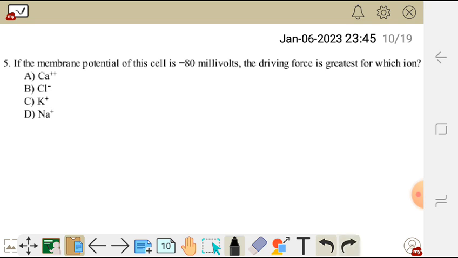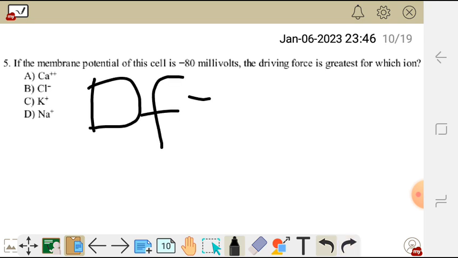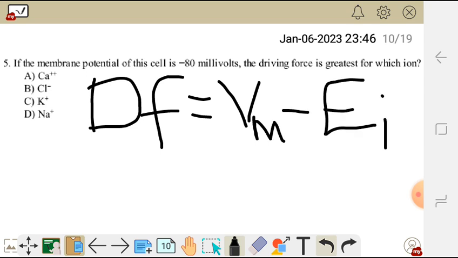To find the driving force, driving force is equal to membrane potential minus equilibrium potential for each and every ion which is there. So membrane potential, we have it is negative 80 millivolts.